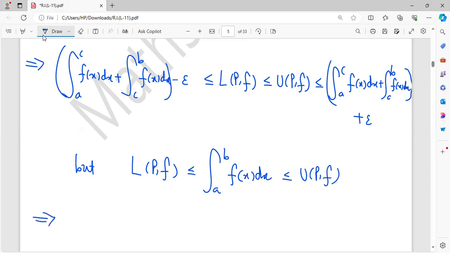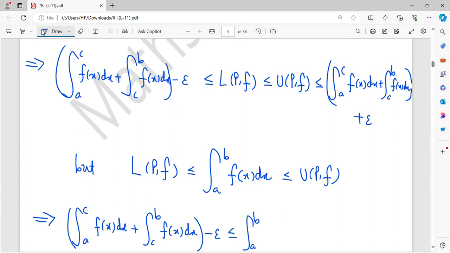So both we have. This implies the integral from a to c plus the integral from c to b, minus epsilon, is less than the integral from a to b of f(x) dx, and this is less than the integral from a to c plus the integral from c to b, plus epsilon.